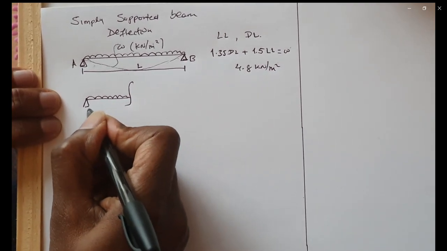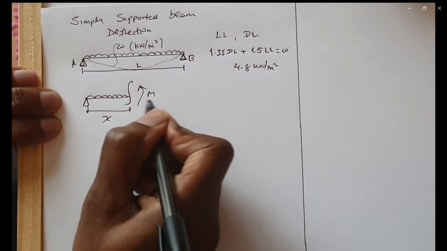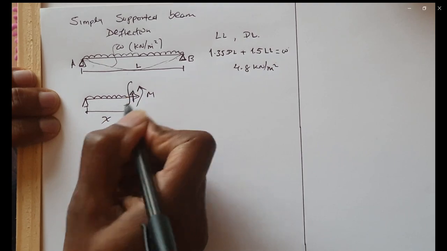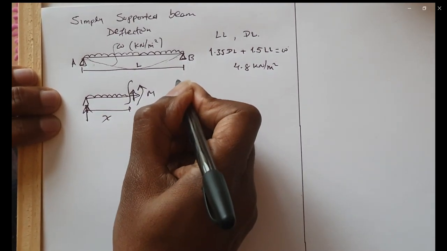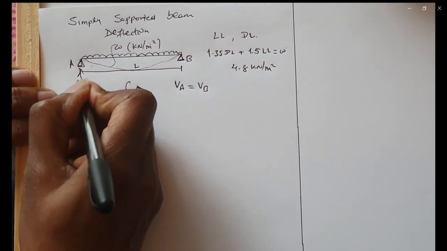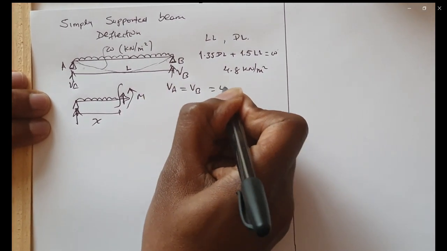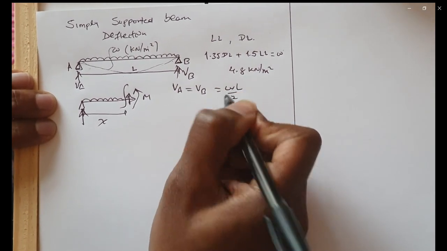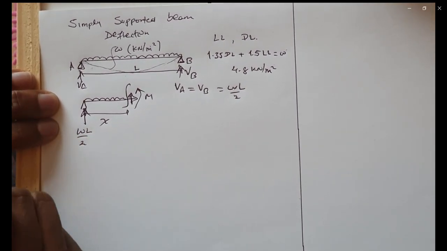If we call this distance X, there is a moment and shear force in both directions. We know VA is equal to VB, they are WL over 2. So this spot, that is WL over 2.